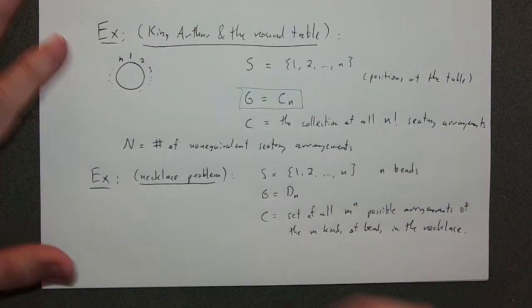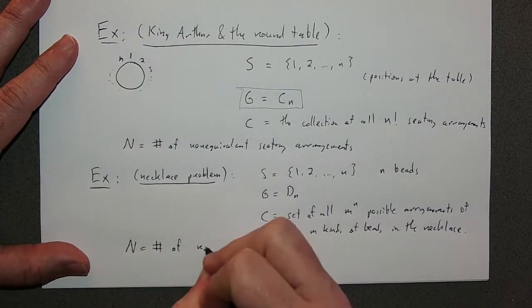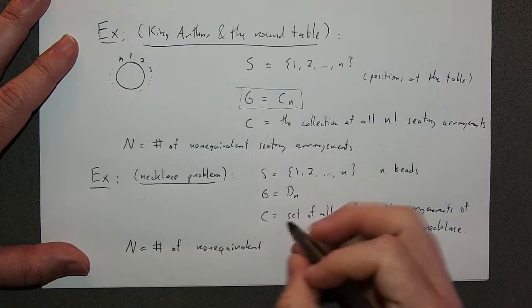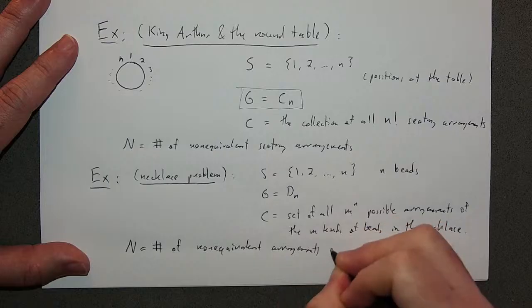Okay, and then N is, of course, the number of non-equivalent arrangements of the beads.